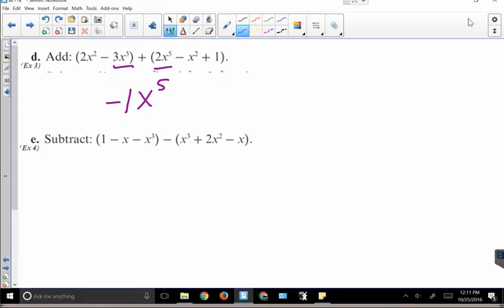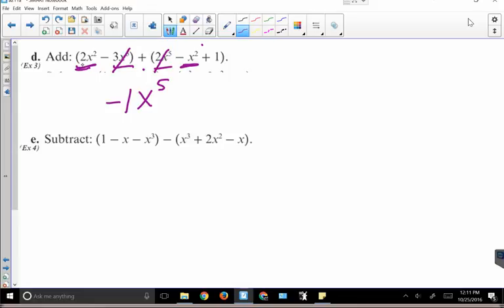So what's the next highest term that I see? 2. Okay, I've got a 2 here, and I've got a 2 there. When I combine those together, what do I get? You say 1?